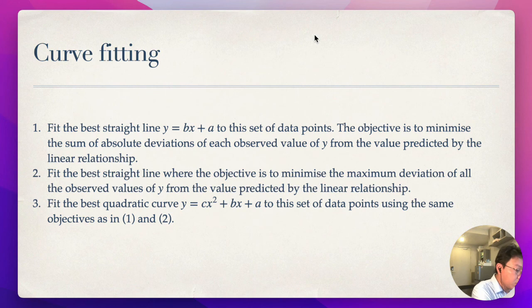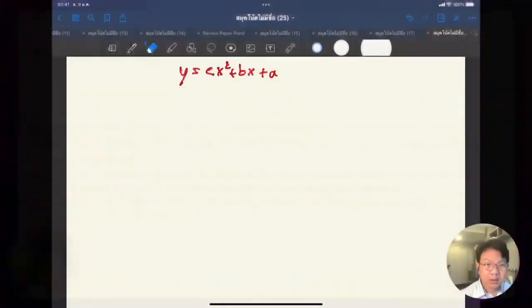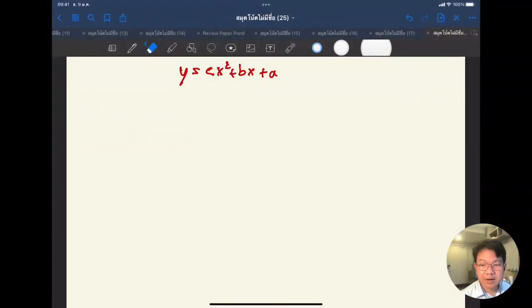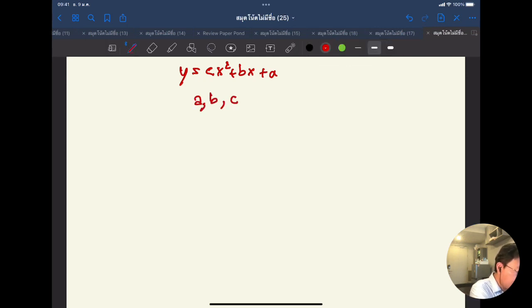So we have three parameters now: a, b, c. It's simple. We have a, b, c as our decision variables.